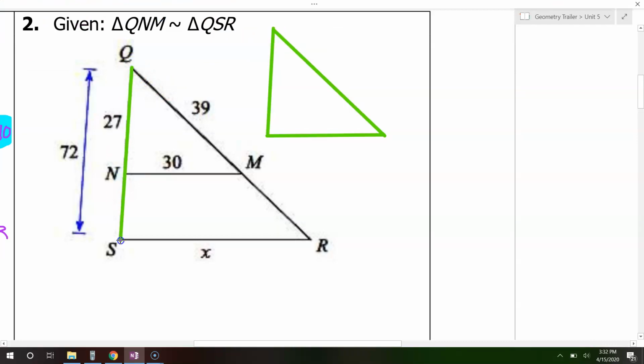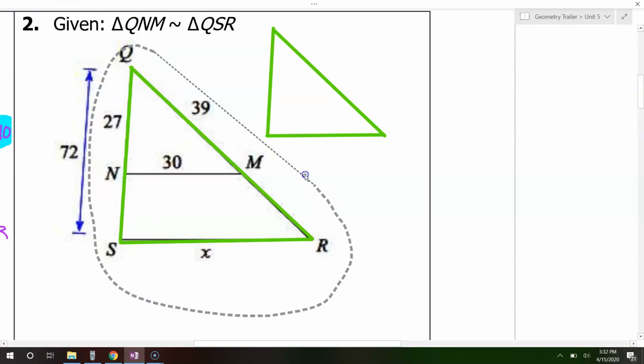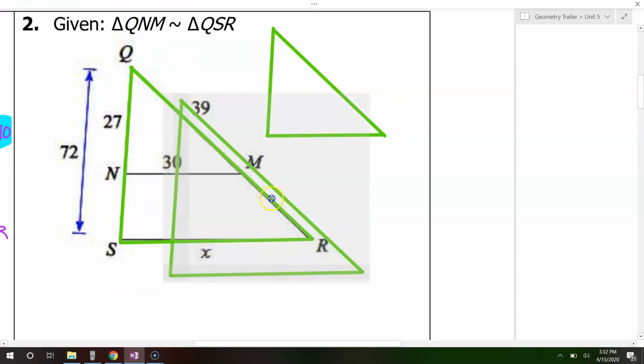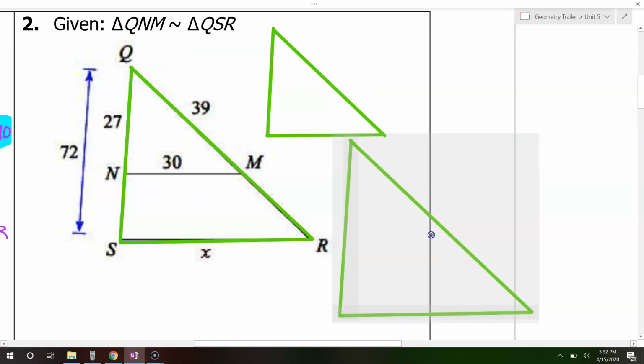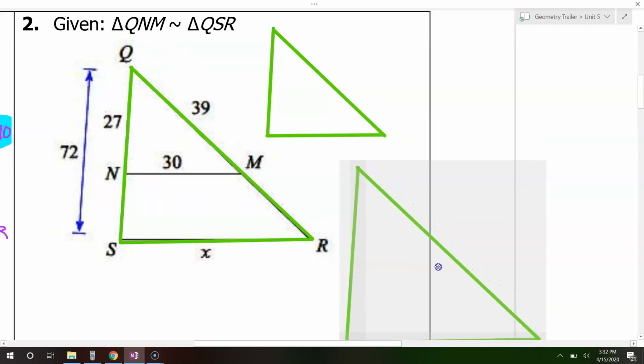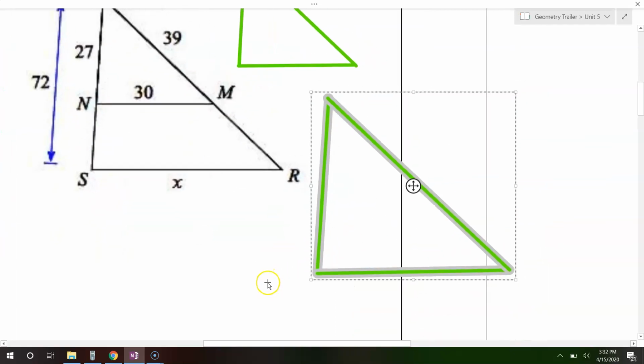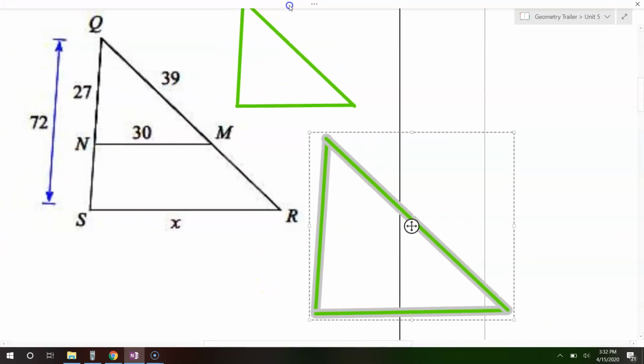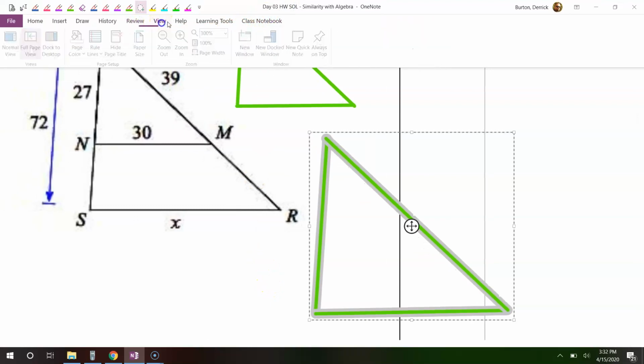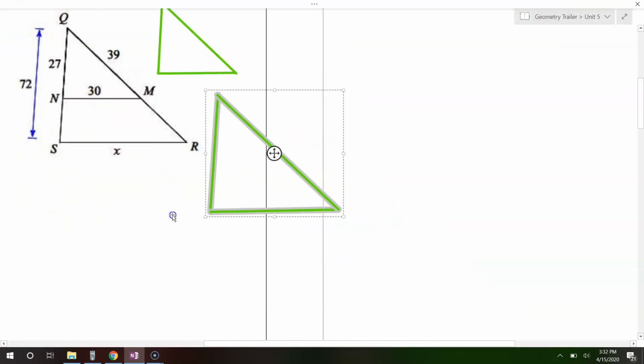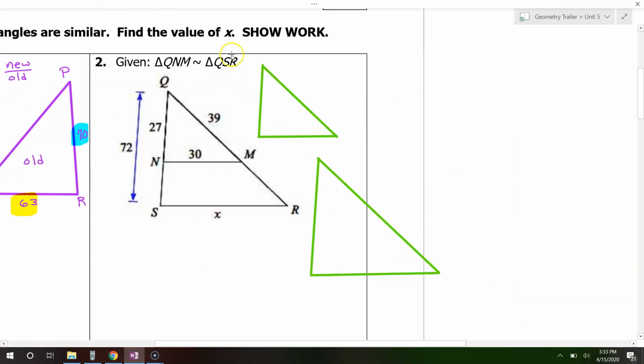And now here comes the big triangle. All right, there's my small triangle, and there is my big triangle. Okay, let me take this down a little bit so we can see what's going on.